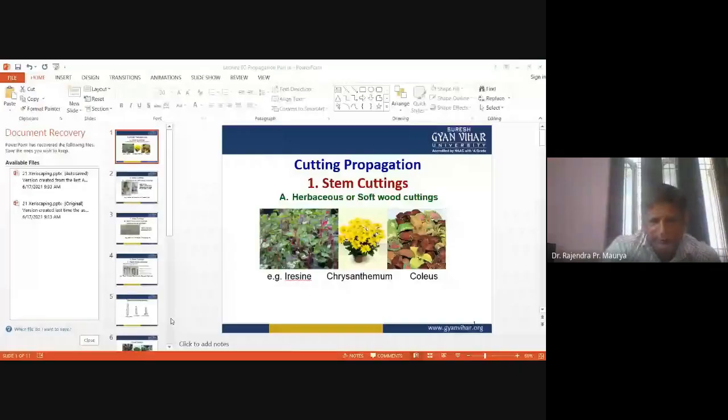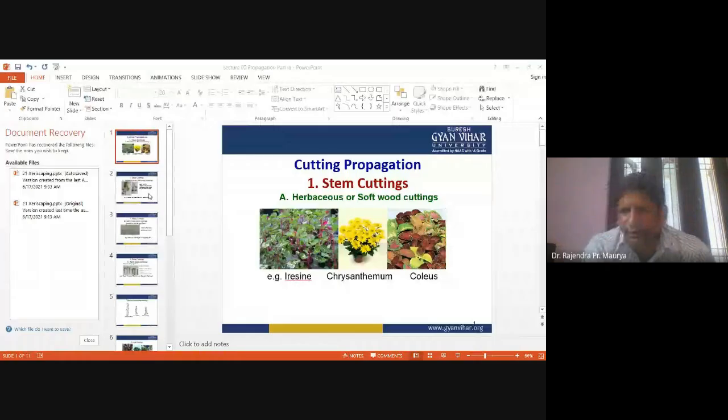The apical bud, the meristem, is also included, and the bottom cut is just below the node. Examples are iresine, chrysanthemum, coleus, and many more.